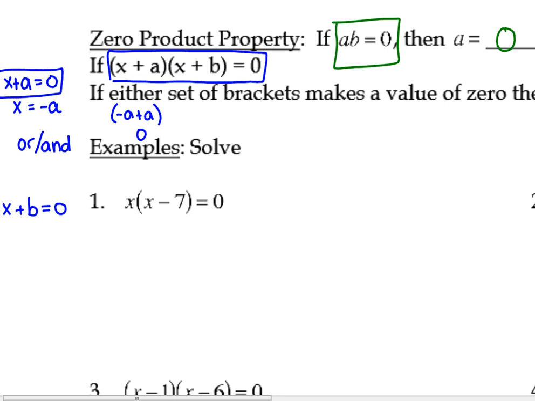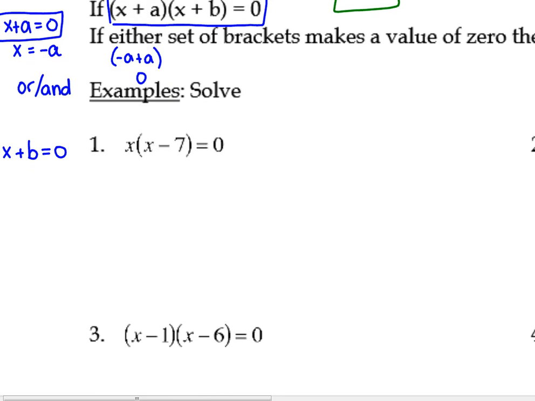Or if x plus b equals 0, we could say then x would equal, we isolate x, negative b. Would you agree that negative b plus b would give you 0? Yeah, and so with that product, either of those, if x is equal to negative a, your product would be 0.